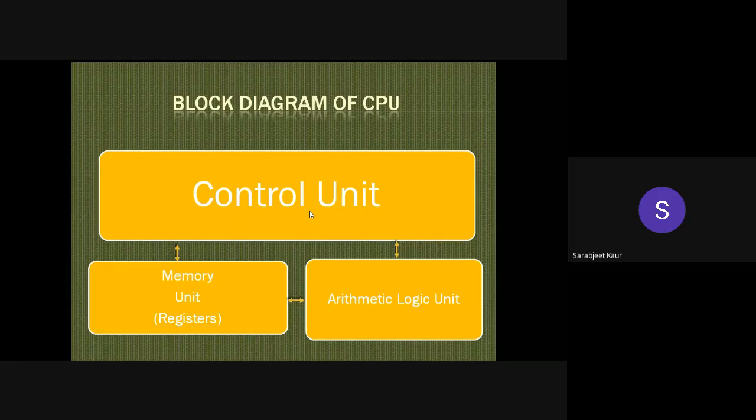As the name suggests, the purpose of the control unit is to coordinate the entire operation of the CPU and hence also the computer. Please see, all these three units interact with each other. How does the control unit control the functioning of the entire CPU?